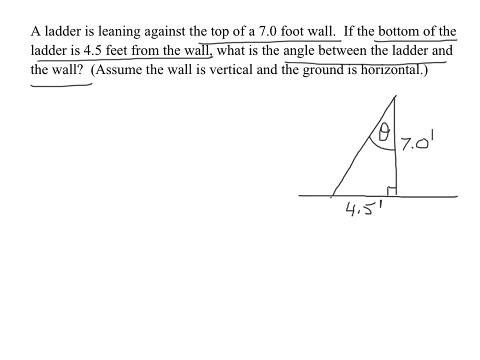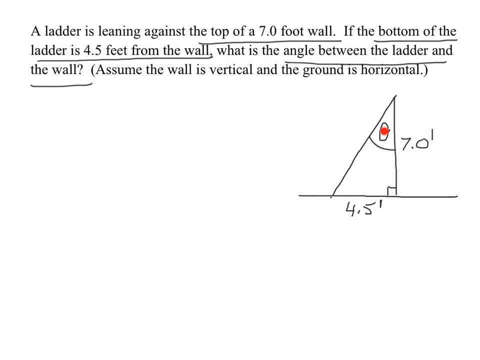Well, I can't use the sum of the angles equals 180 because I don't know this angle here, so that's not going to help me find theta. If I use the Pythagorean theorem, I could find this distance, but I don't need that. So let's see if we can set up a trig function involving theta, 4.5, and 7.